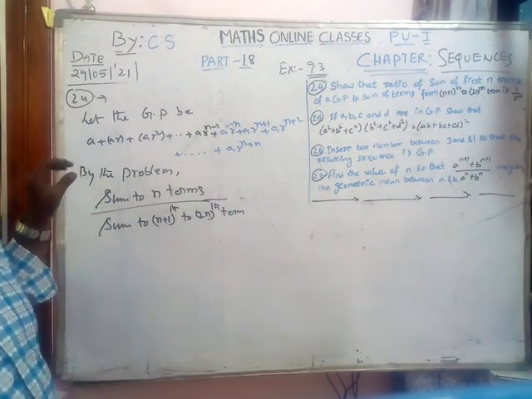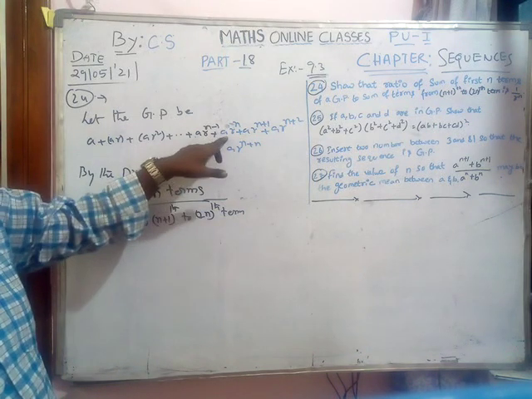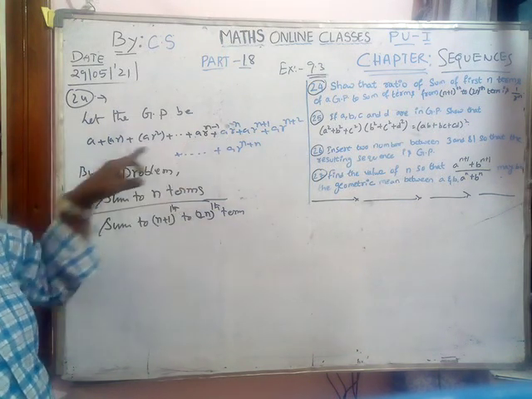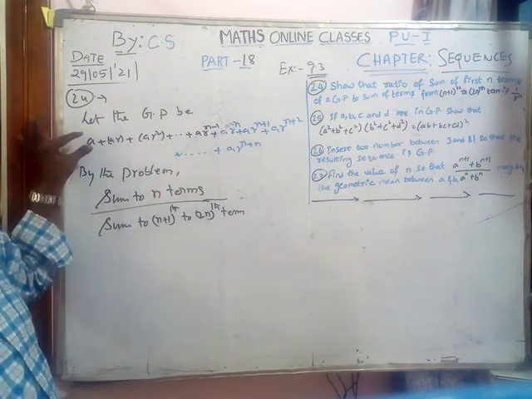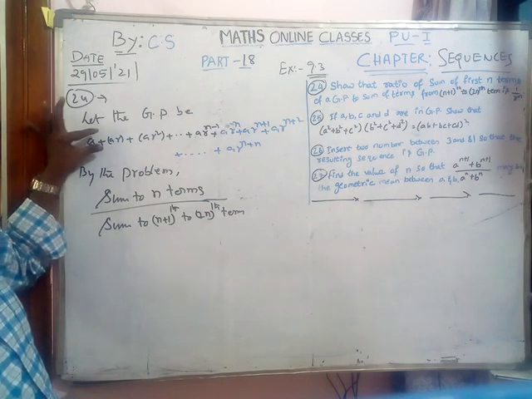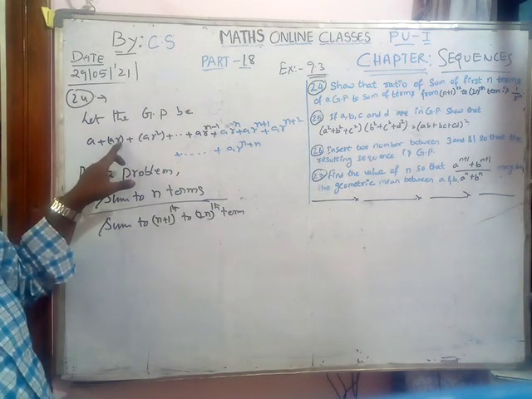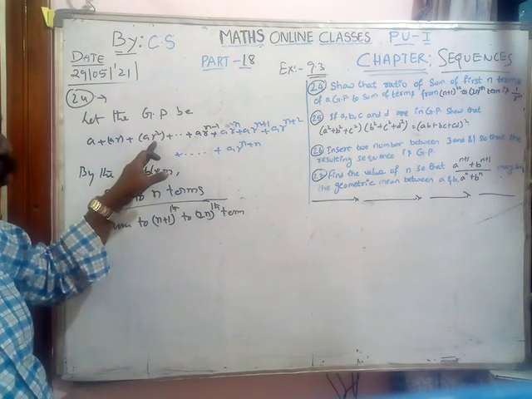Here you don't confuse that. I am writing n terms, but a power n is to be taken in this series? No. Only the black letters are the GP containing n terms, because r power 1 is the second term. First term, second term, third term is r square.